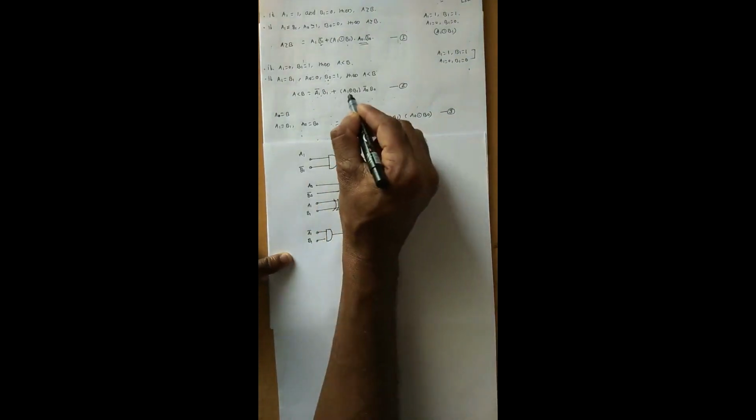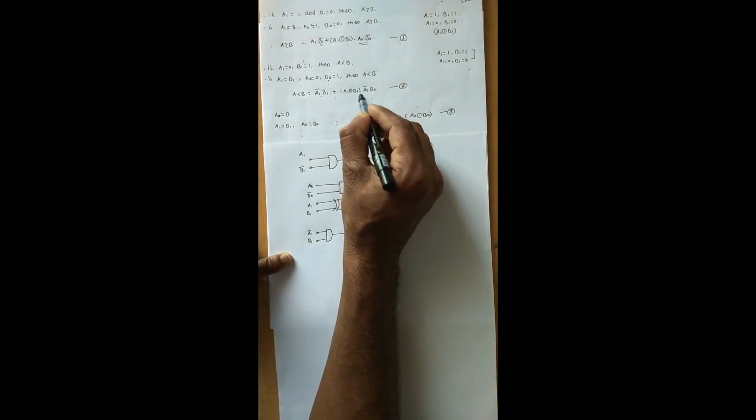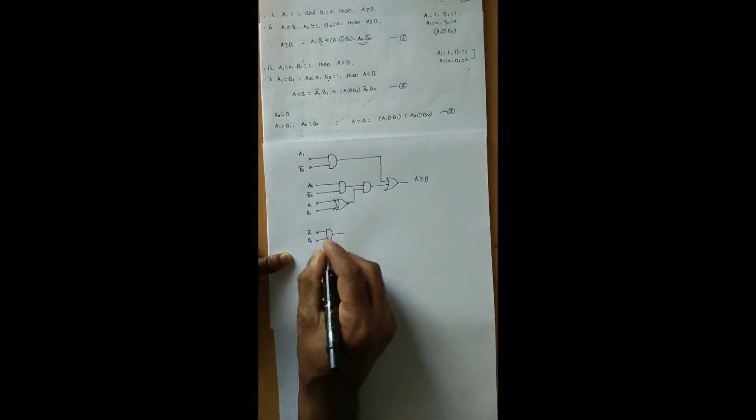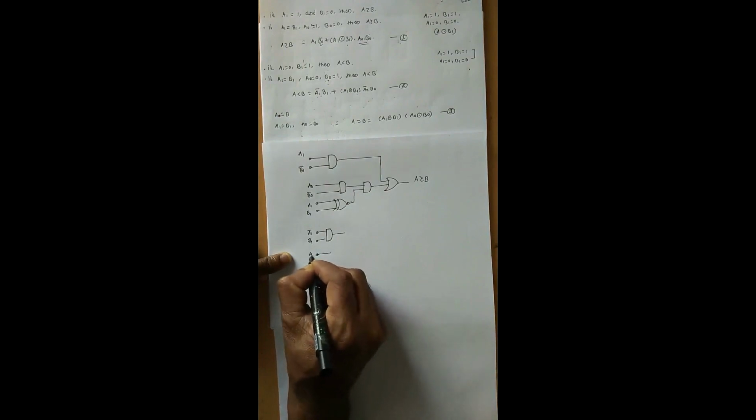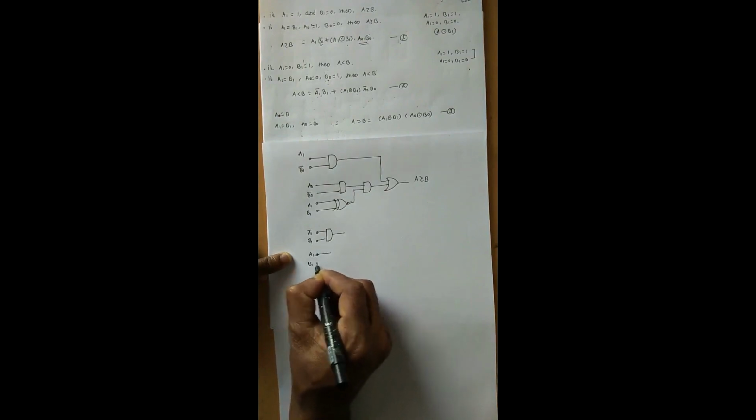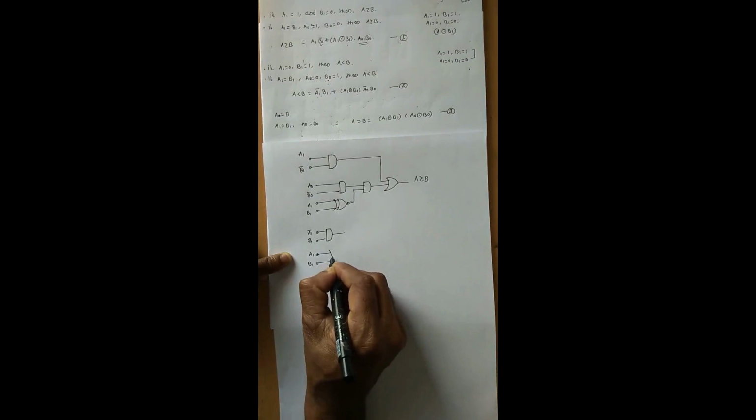Okay, in the second term, we need once again a1 XNORing with b1, so use a1 and b1, they are XNORing with each other.